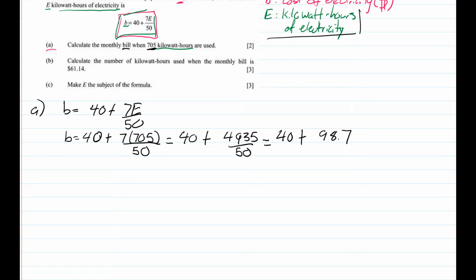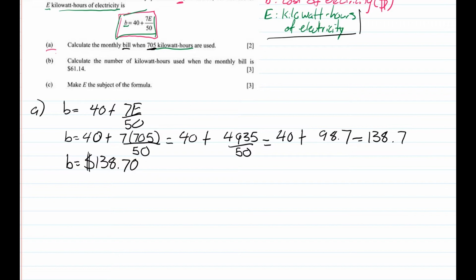So 4,935 divided by 50 is just 98.7, right? Then when I add these two, let me just pull out a calculator for this, 40 plus 98.7 is going to be 138.7. So B is equal to 138.7, so that's $138.70. I'm just going to put the zero because whenever you're talking about money, you typically say 70 cents, you don't say 0.7.